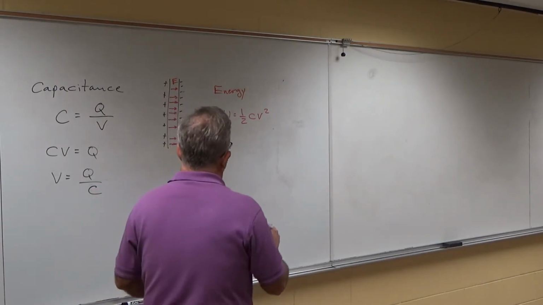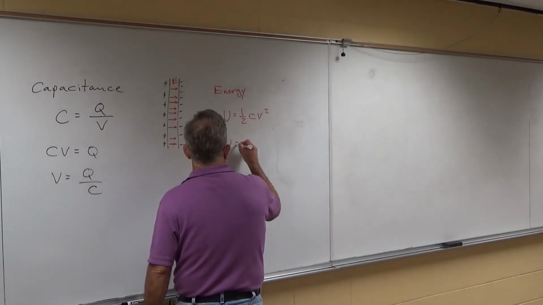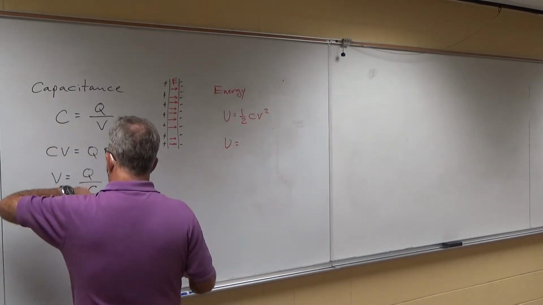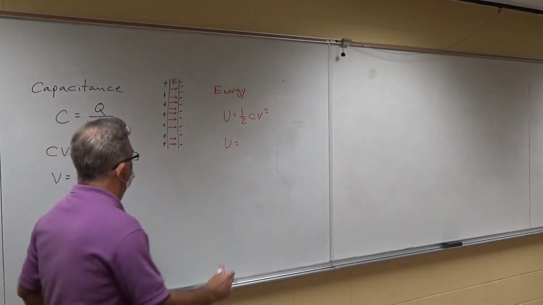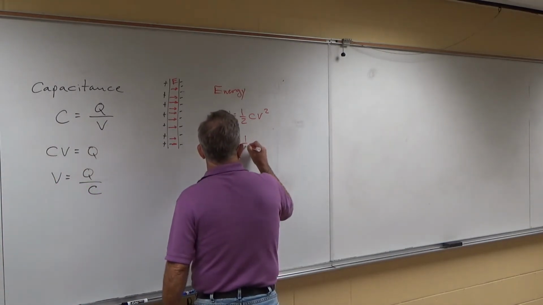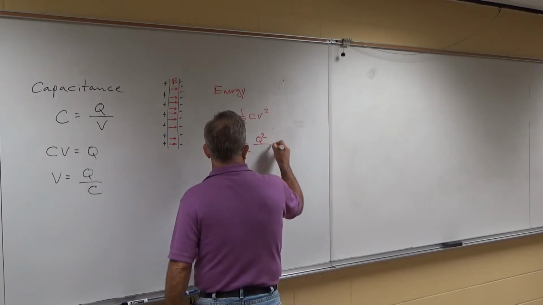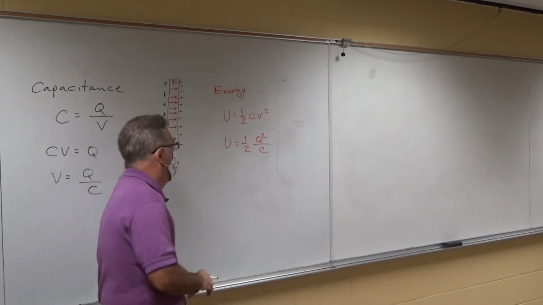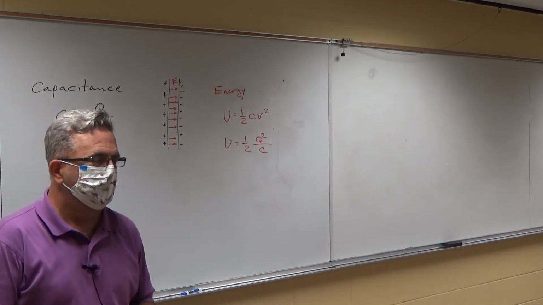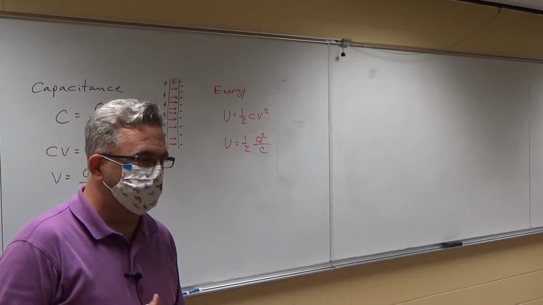So it's 1/2 CV squared. You can make a substitution because V is Q over C. So you get 1/2 Q squared over C. That's the energy stored in a capacitor.